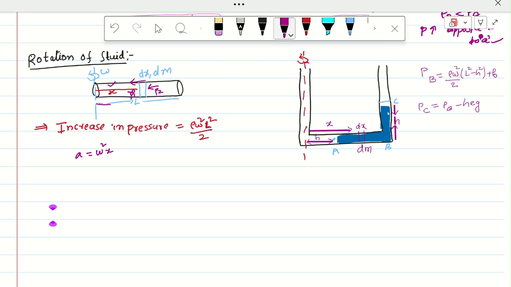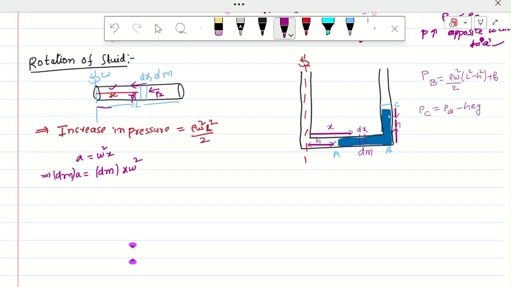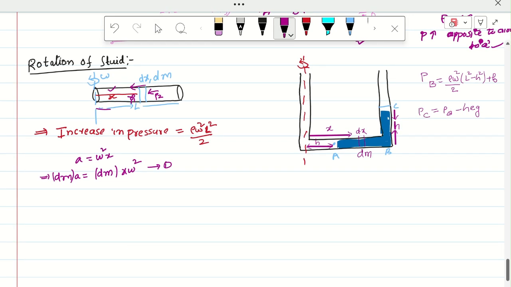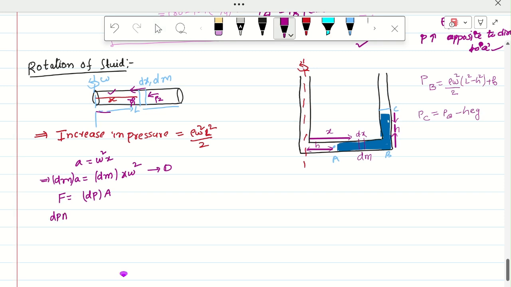So now what I will apply is MA, that is dm into x omega square. So this is the force. The force is equal to the difference in the pressure, so that is equal to dp into A. So now dp into A is equal to the force, dm into x omega square.